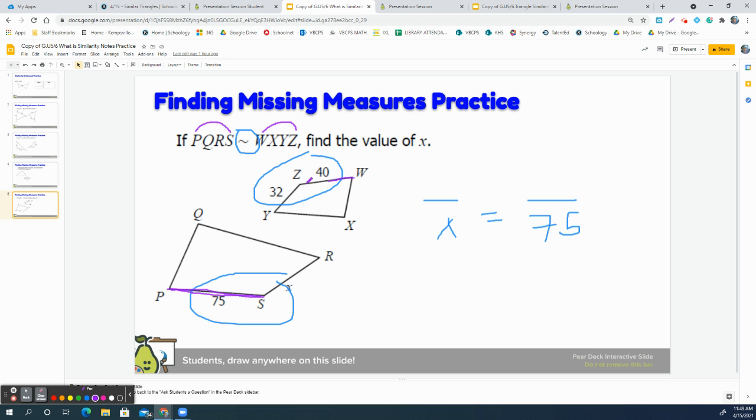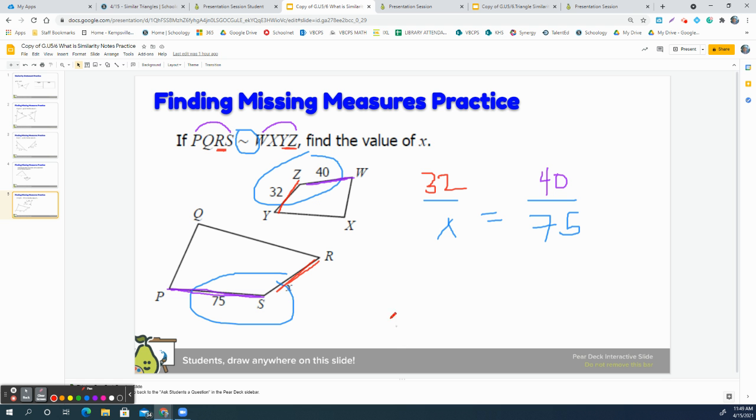WZ. And WZ is that 40. So the 75 and the 40 have to be together. Okay? It's like you're doing Match.com or something. Which means that SR has to go with ZY. ZY. So the 32 has to go here.